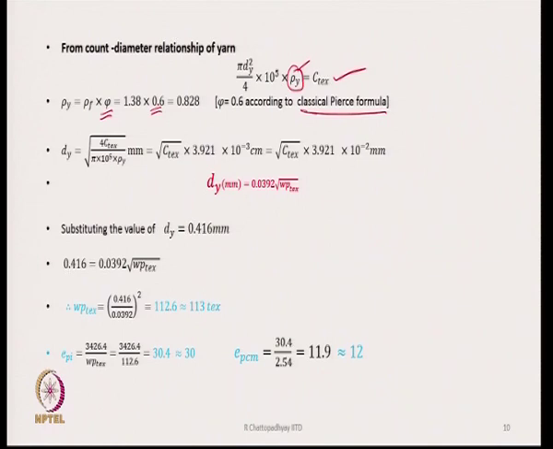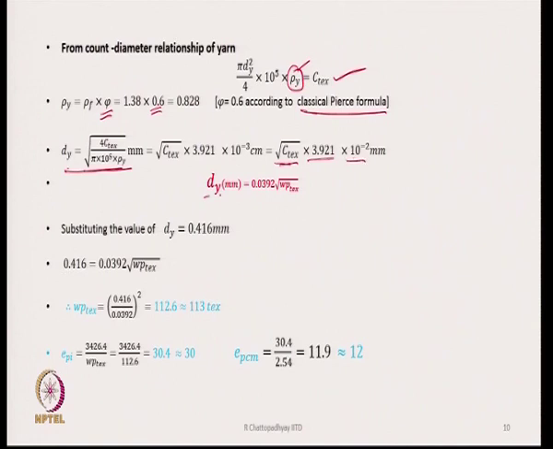Now, if you use that value, then what we get ultimately for the diameter of the yarn is this. From there we can say that diameter is root over c tex, count of yarn, 3.921 into the power minus 2.